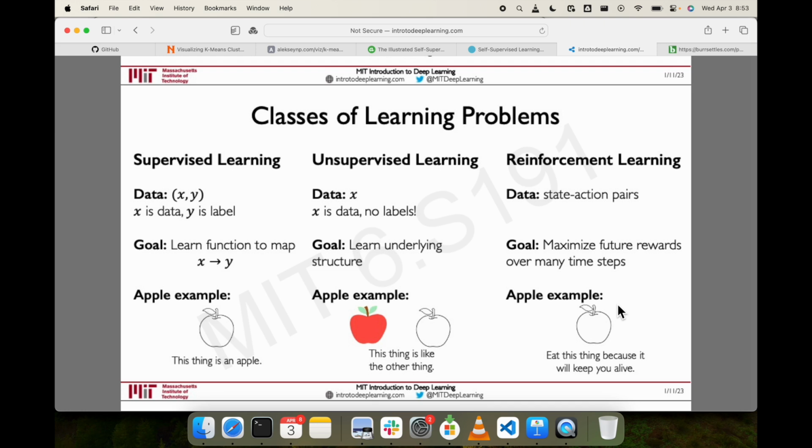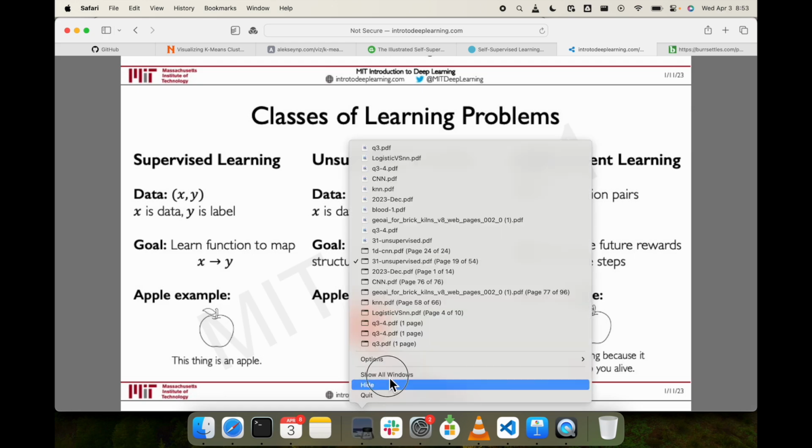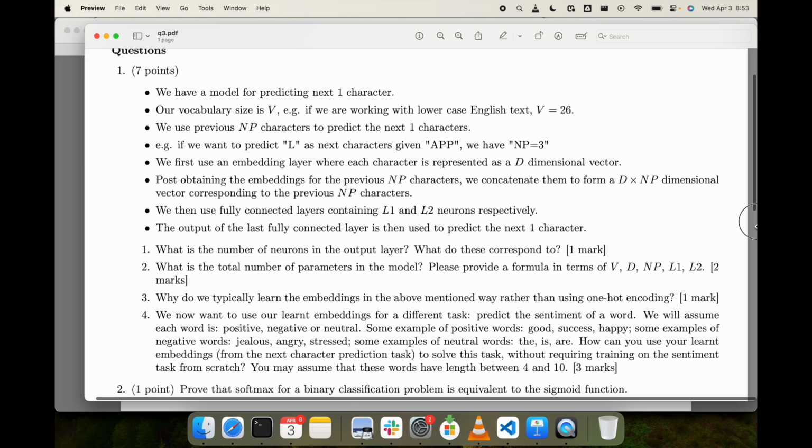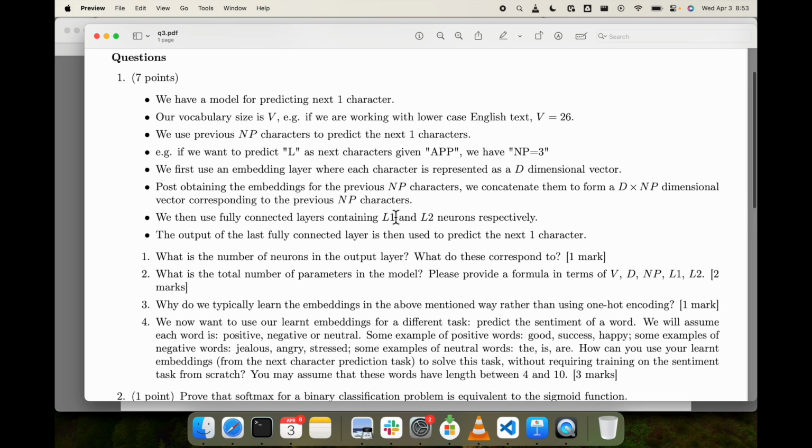Okay, so we will now go back to one of the questions which was asked in your previous quizzes. If you look at the first question, are we talking about supervised learning, or are we talking about unsupervised learning, or are we talking about reinforcement learning? Think for a second.